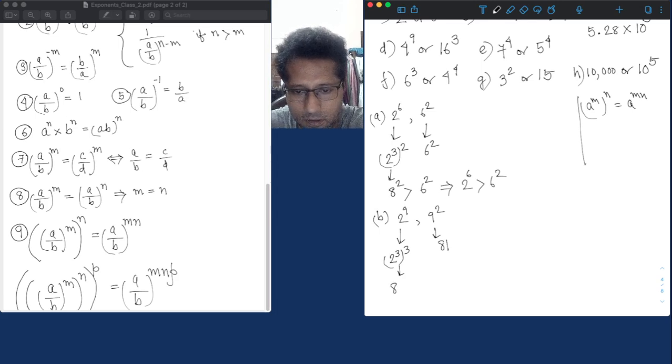So 8 cube. 8 cube is 64 multiplied by 8. This is 32 and 48. This is 512. So definitely this is greater than 81. So this implies 2 to the power 9 is greater than 9 square.